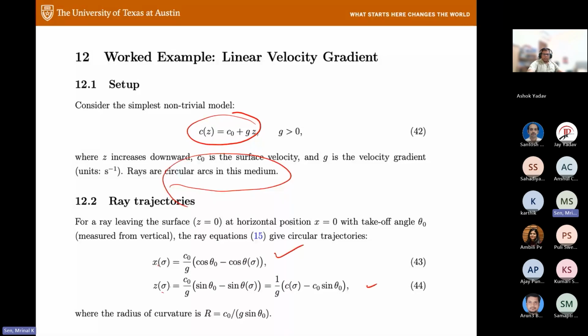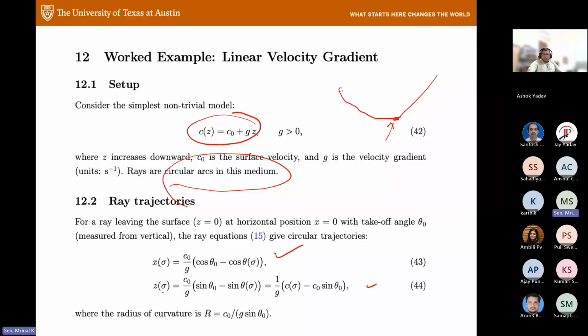So the ray path in a positive gradient, you can see that it turns when the ray becomes horizontal, because your vertical slowness is changing as you go deeper and deeper. Okay, and then they come back. And if there's a negative gradient, then it just goes all the way down.